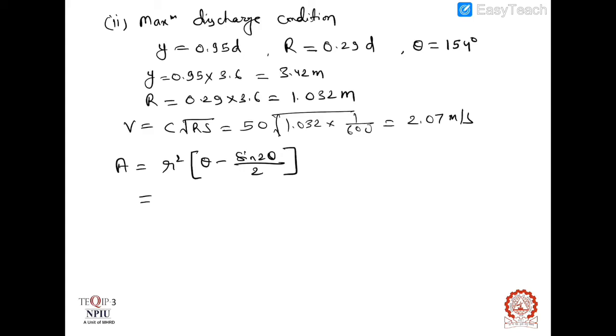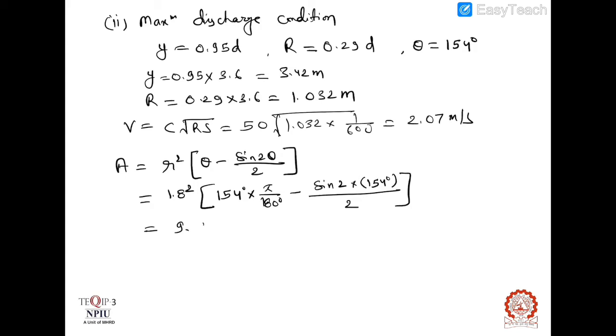R is 1.8 square. Theta in radian will be 154 degree multiplied by pi by 180 degree, minus sine 2 theta, where theta is 154 degree, divided by 2. After solving this, we will have the value of area of flow equal to 9.98 meter square.